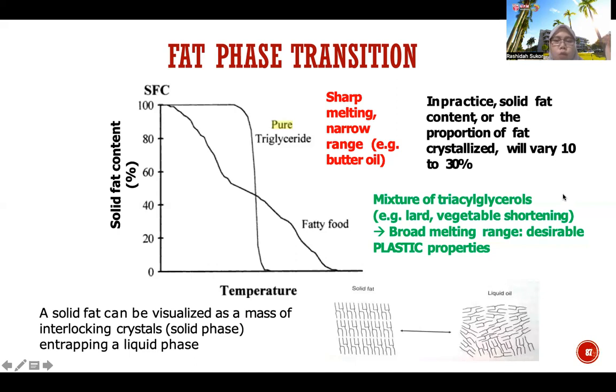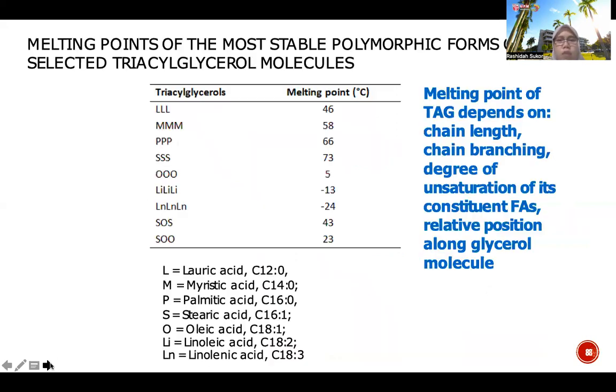So when you have this mixture of triacylglycerol, then you can have a broader melting range and desirable plastic properties. That is what we always want for the food industry.